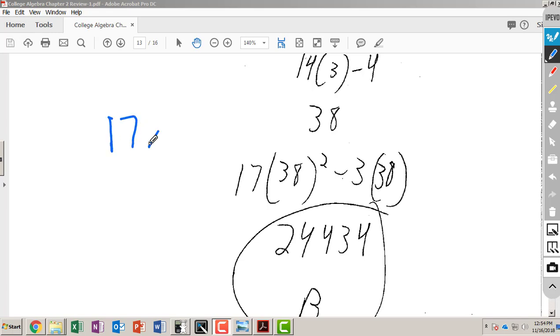So I'm going to put 38 into my equation, and now I end up with 17 times 38 squared minus 3 times 38. At that point, you can just put that in your calculator, and that'll come out to be 24,434, which matches your answer B.